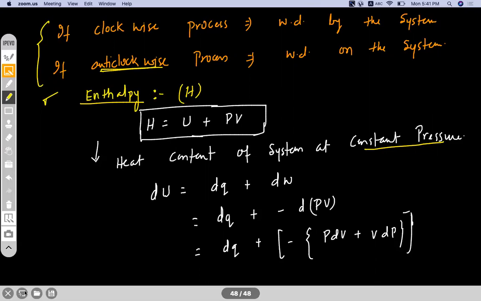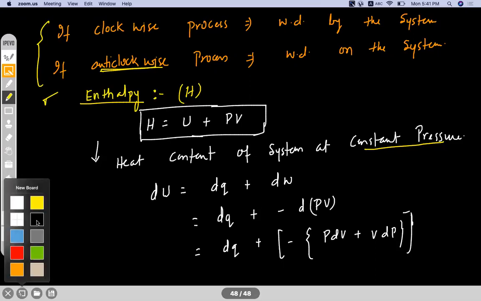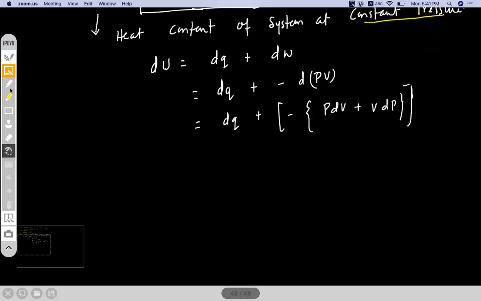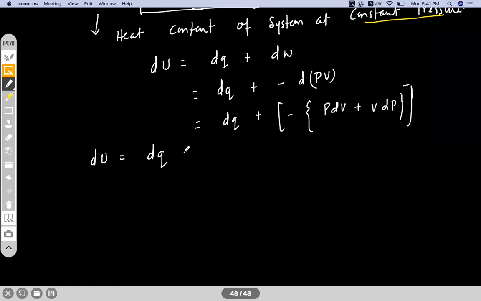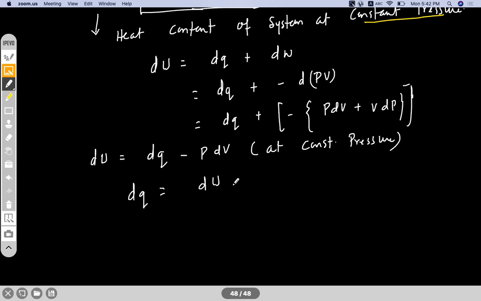So what we can write here, you see, dU is equal to dQ minus PdV at constant pressure. So what is dQ here? dQ is equal to dU plus PdV, and that is what we have here.